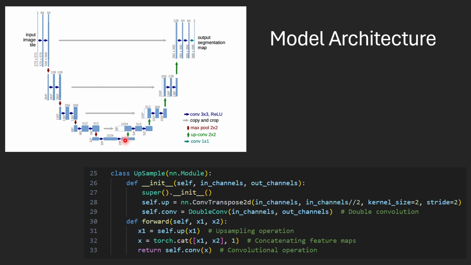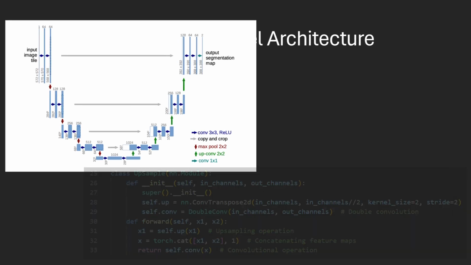So what counts as an upsampling is one green arrow followed by one gray arrow followed by two blue arrows. So one upsampling, one concatenation followed by double convolution, which is exactly what I'm doing here. I'm defining two different objects. One is called up, one is called conv. Again, I'm using the exact same DoubleConv class that I've created, that I've shown you just now.